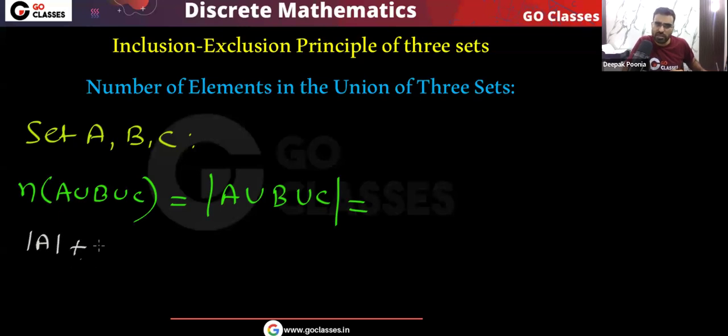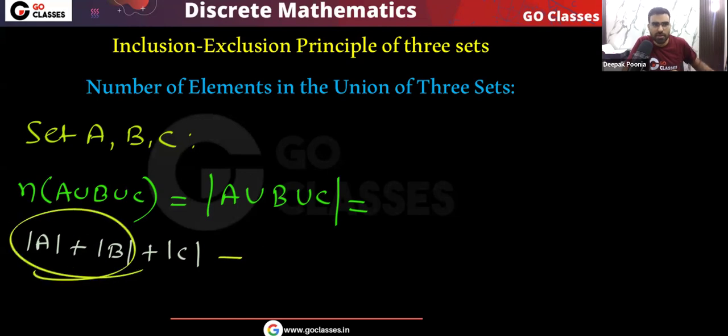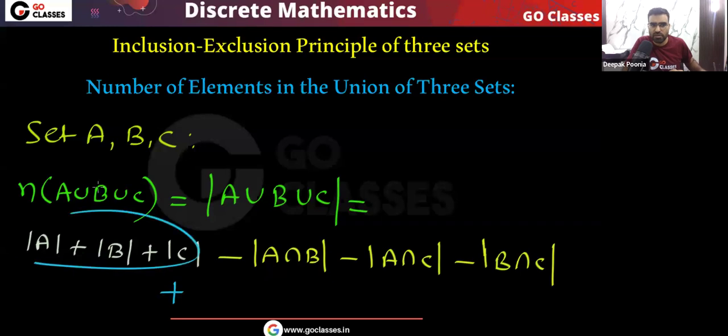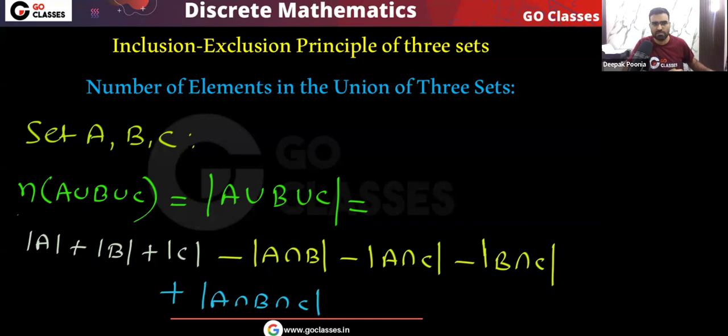First you do addition of single sets: number of elements in A plus number of elements in B plus number of elements in C. Minus, now you remove double: minus the number of elements in A intersection B, minus the number of elements in A intersection C, minus the number of elements in B intersection C. And plus, triple plus: number of elements in A intersection B intersection C. This will be your formula. This is the complete formula that we got.